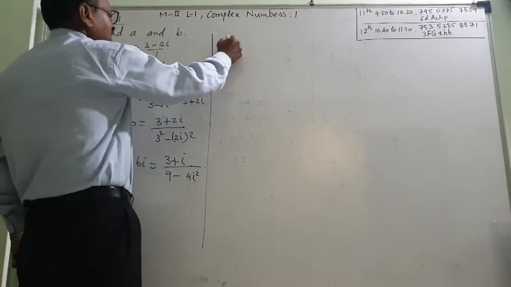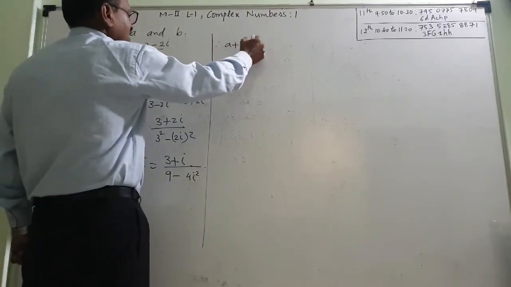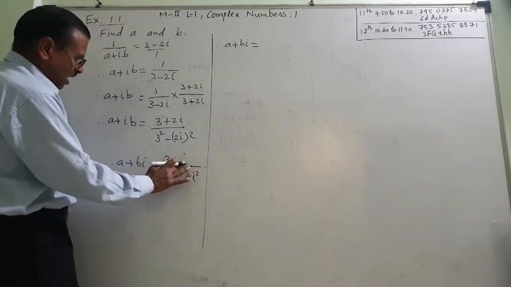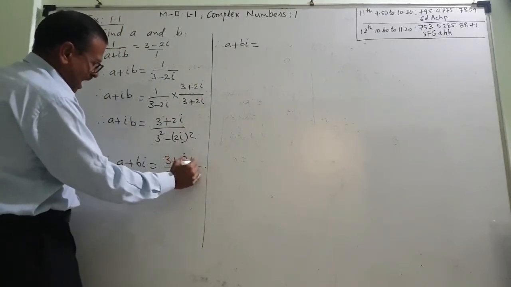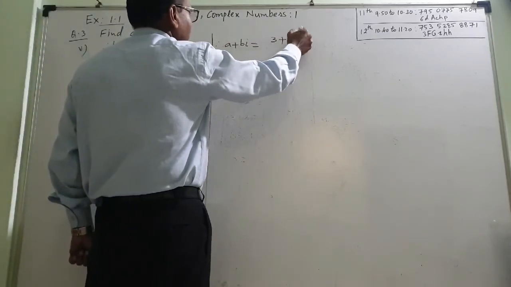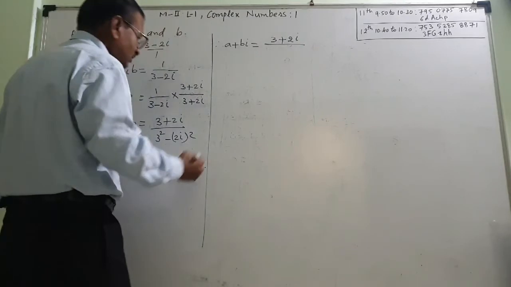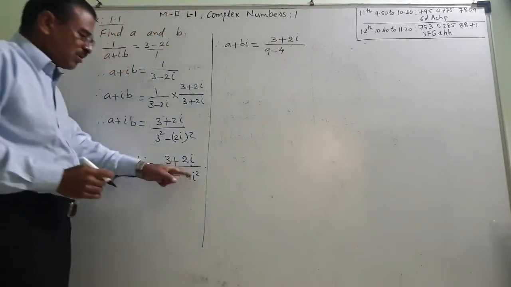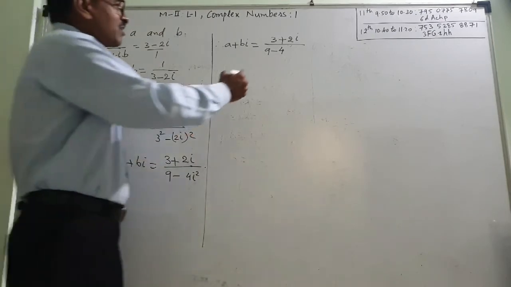Therefore, a plus bi is equal to 3 plus 2i upon 9 minus 4i square. What is the value of i square? i square equal to minus 1.